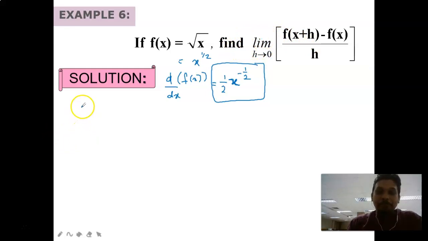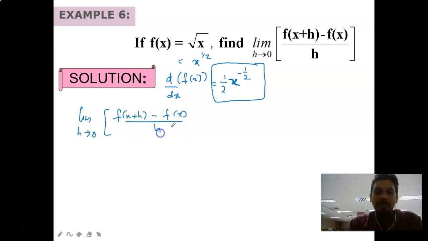Now, the limit as h approaches 0 of the function f(x plus h) minus f(x) divided by h. Look at the function f(x) here, square root of x.